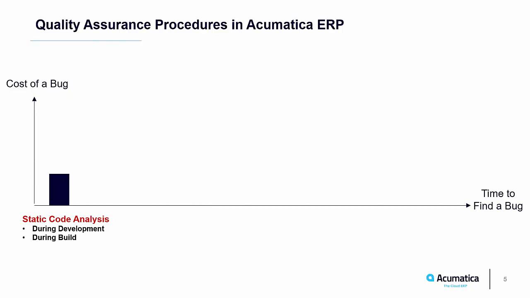So to help the developers with finding these kinds of bugs, we have our static code analysis tools. Specifically, we have Accumulator, which is a Visual Studio extension that you can install in your Visual Studio, and it will highlight common errors and common issues that you may face during the development for Acumatica ERP. For instance, it may highlight wrong event declarations.